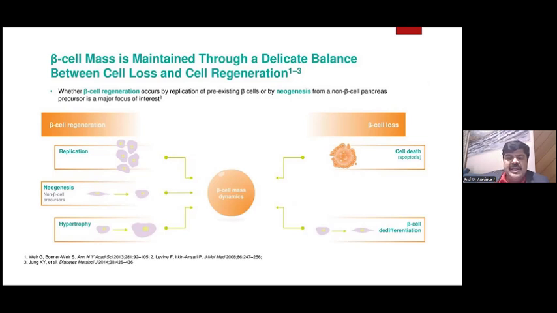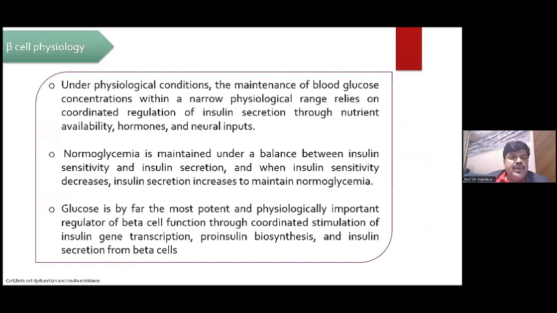beta cell dedifferentiation. So, if you take the beta cell physiology, under the physiological condition, the maintenance of blood glucose concentration within a narrow physiological range relies on coordinated regulation of insulin secretion through nutrient availability, hormones, and neural inputs. Normoglycemia is maintained by a balance between insulin sensitivity and insulin secretion.